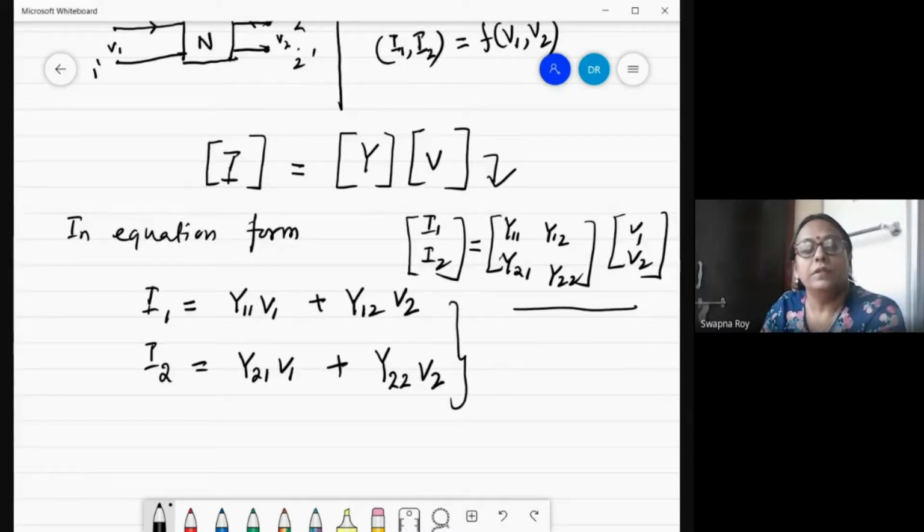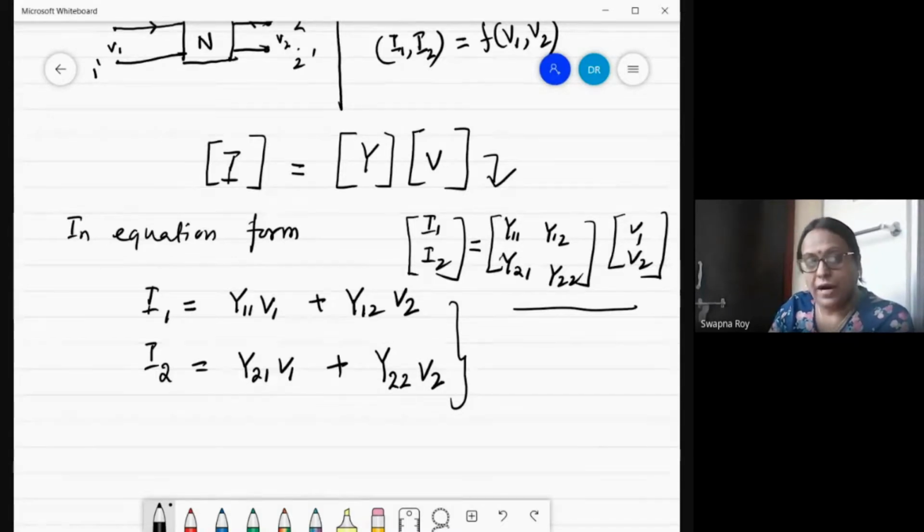Now, this is called short circuit admittance parameter. Y11, Y12, Y21 and Y22 are called short circuit admittance parameters. So why short circuit?